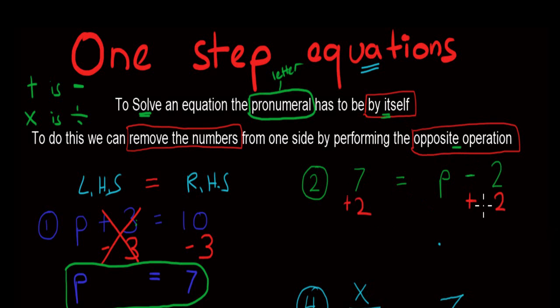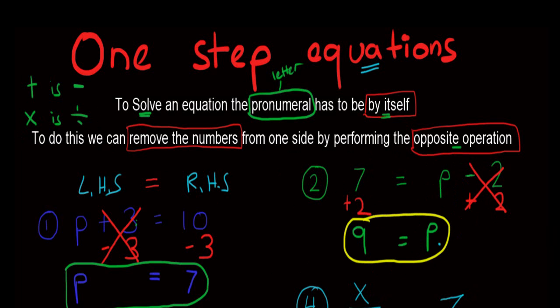So minus 2 adding 2 is 0, so that would be gone. Then on this side, we have 7 plus 2, which is 9. And on the other side, the right-hand side in this case, we're left with just p. So we have 9 equals p, and that is our answer for number 2.